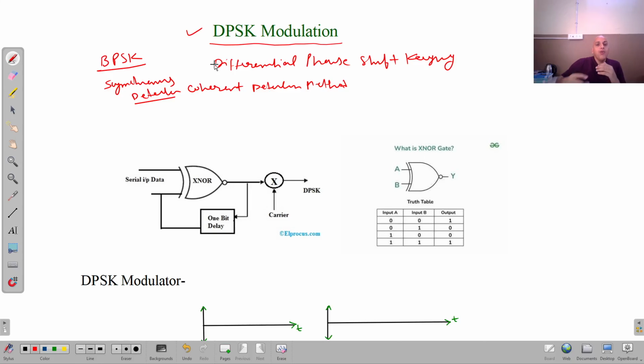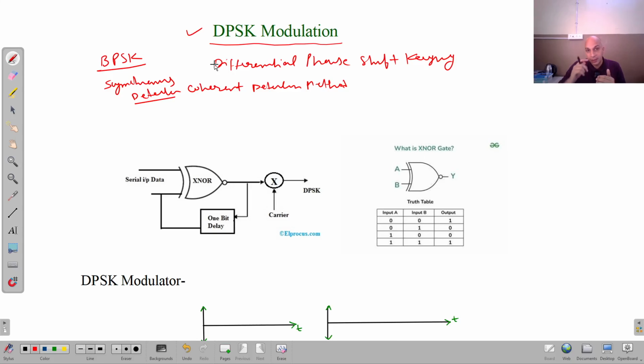Now, how does it work? In differential phase shift keying, every bit of the input bit stream is compared with the previous bit, and according to that a new bit stream is generated, and then according to that new bit stream, a new phase difference is induced in the high frequency carrier wave.